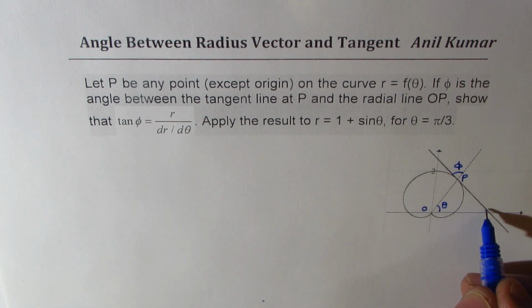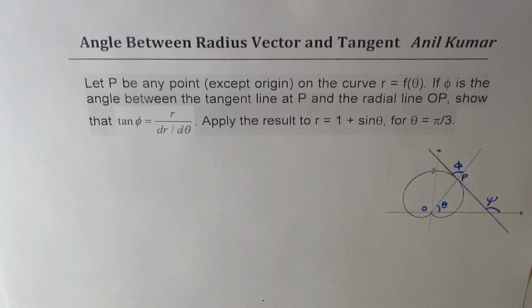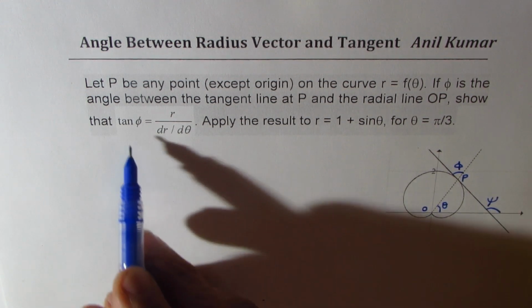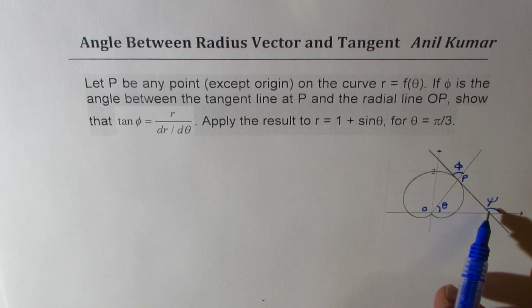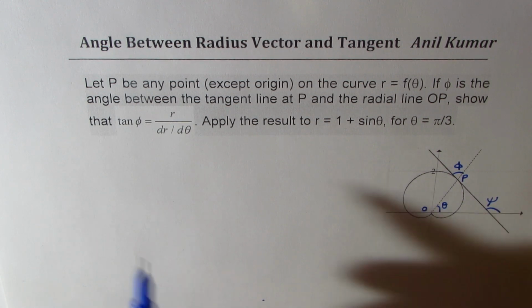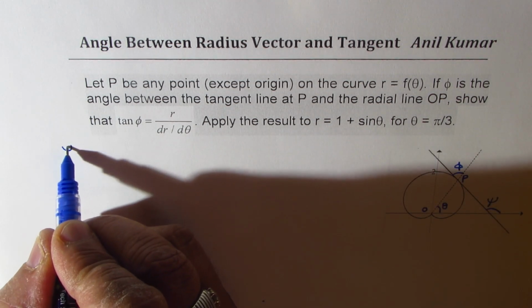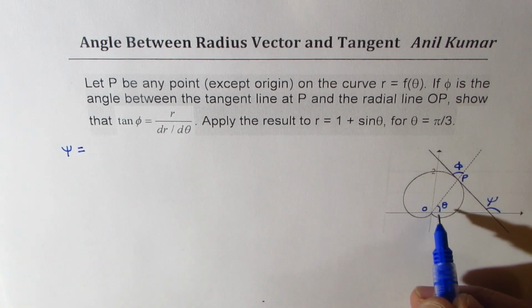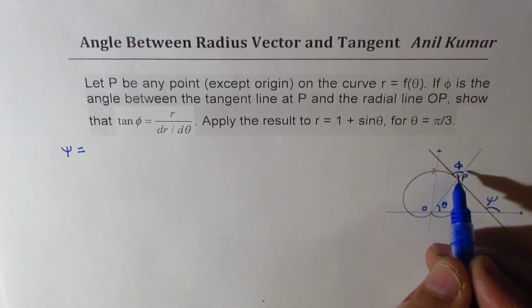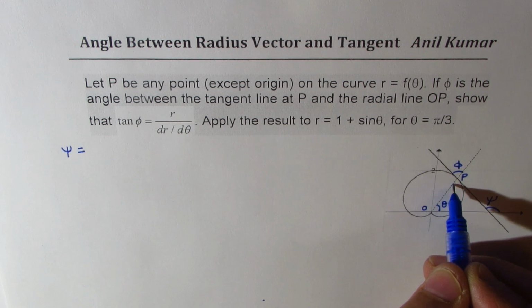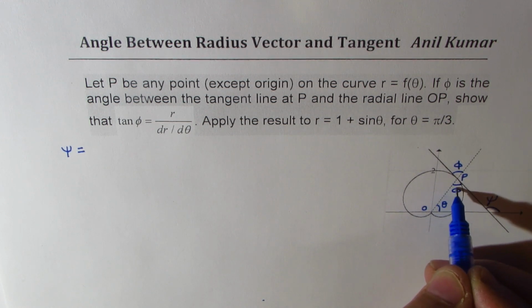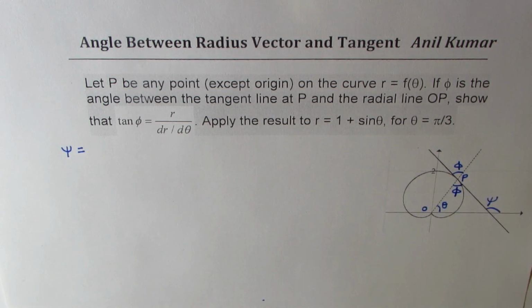Now we know the slope of the tangent line, that is angle psi. Now to derive this expression, we can begin with the external angle psi, which is equal to the sum of interior angles. Now phi, vertically opposite angle, is this one, correct?